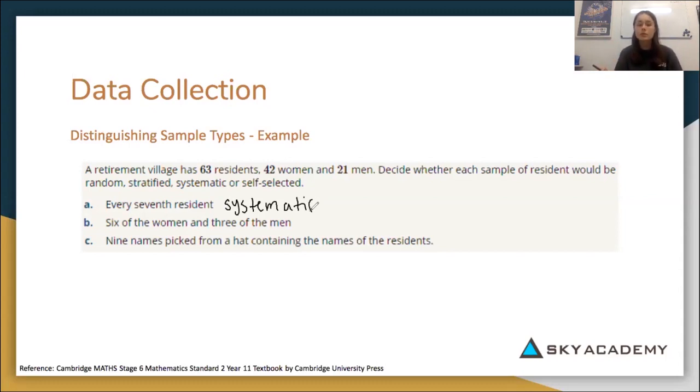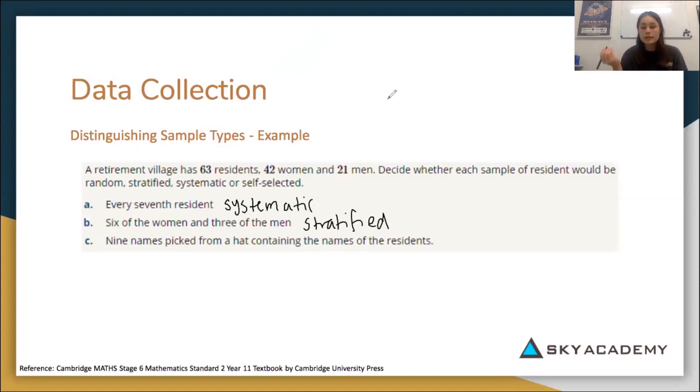The next one is 6 of the women and 3 of the men. So this is going to be stratified. If we remember from the previous slide, stratified is where you have a population and you get a category from within that population and you choose randoms from that category.